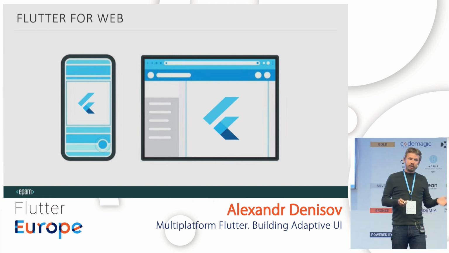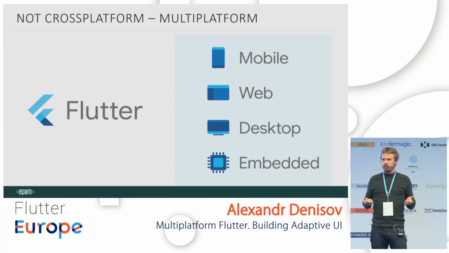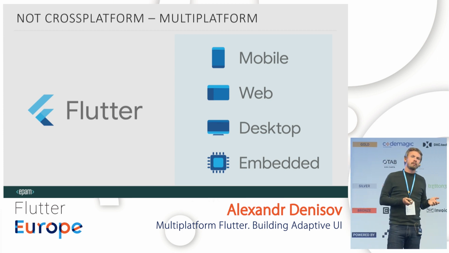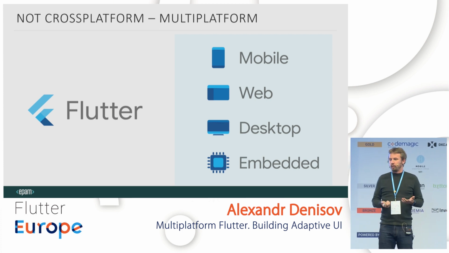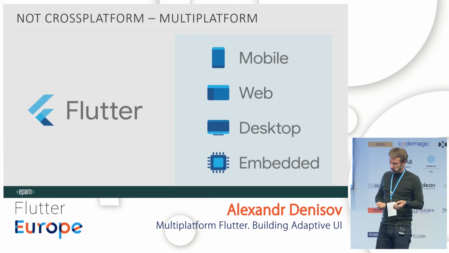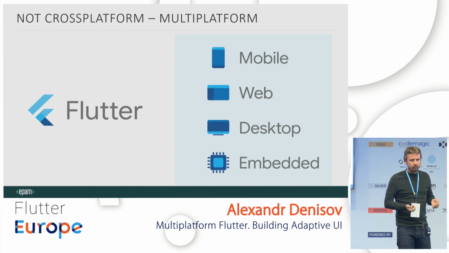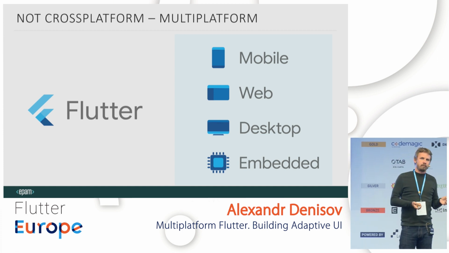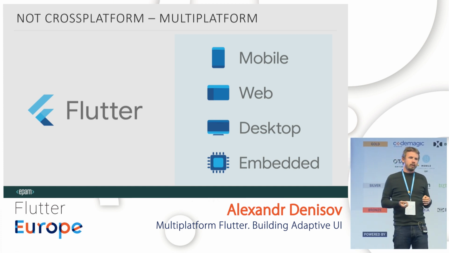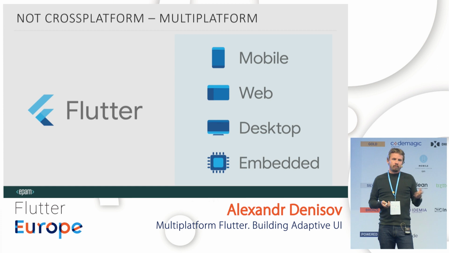Flutter is multi-platform. It was promised to us last year also, and this is reality now. Take a look. Flutter for mobile is already released, Flutter for web is in public beta, Flutter for macOS is in alpha, and Flutter for other kinds of desktop, and Flutter for embedded is not going to go, I guess.